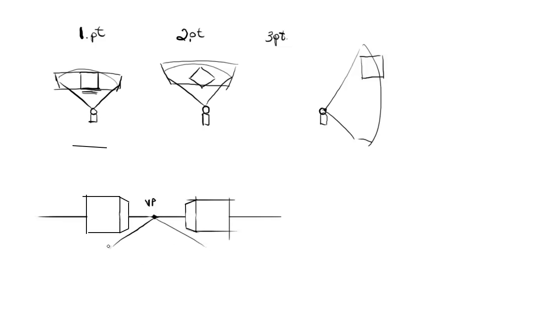But whatever you do, everything has to be drawn towards these vanishing points. And in one-point perspective, you're facing your object. So it's generally like looking down a railroad track or something along those lines.